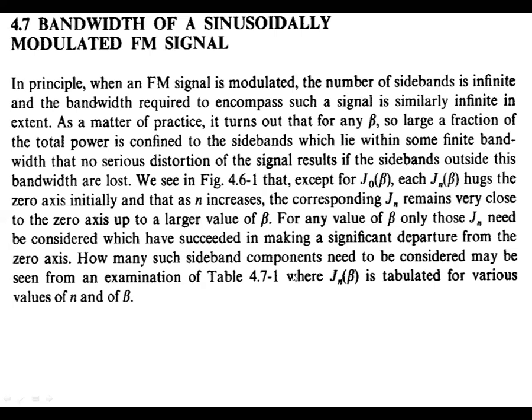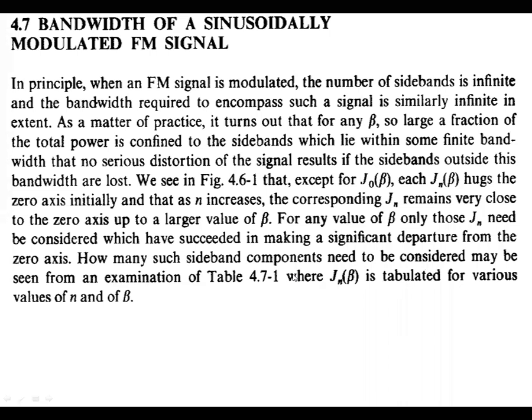Okay, so in practice, for any beta value, a larger fraction of the total power is confined to the sidebands which lie within some finite bandwidth, so that no serious distortion of the signal results; the sidebands outside the bandwidth are lost.